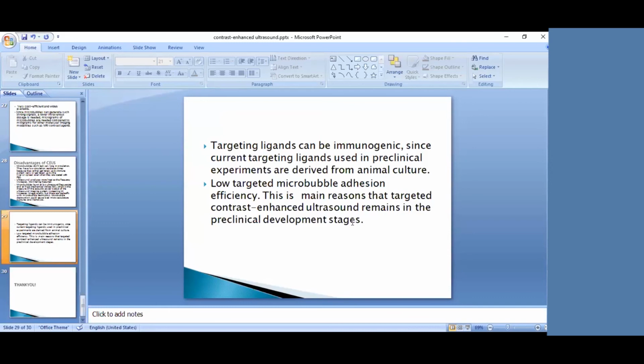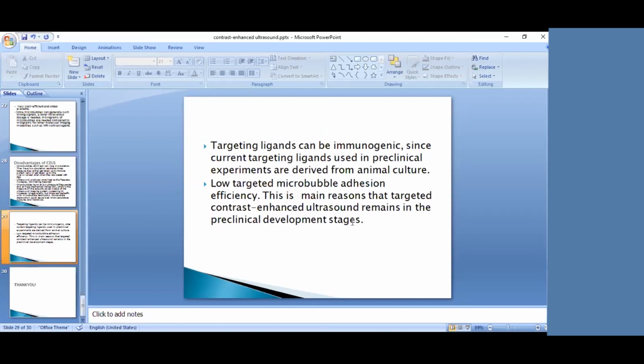There is a low adhesion between the carrying material, the ligand, and the microbubble. That is why the targeted type of contrast agent is still in preclinical development, meaning they haven't tried it on humans yet. We are using all non-targeted contrast ultrasound. That is all about the targeted type and its uses which we mentioned.